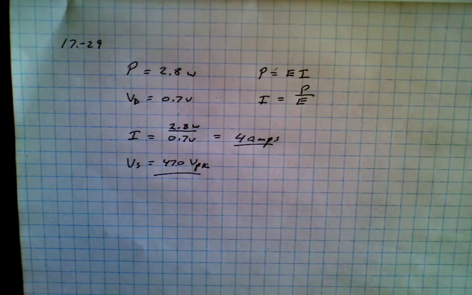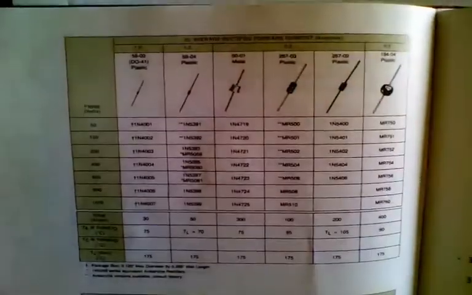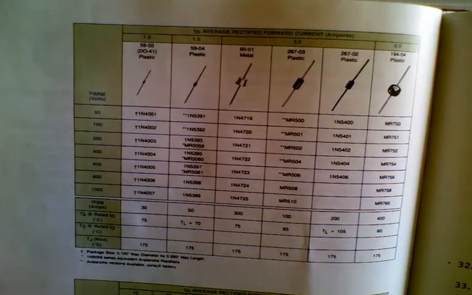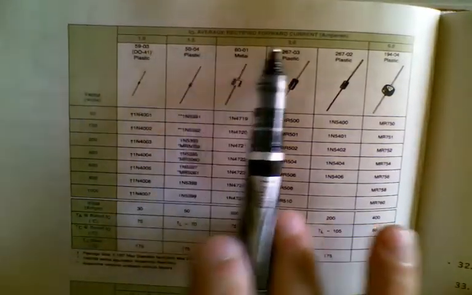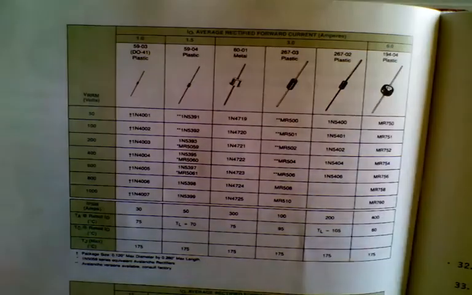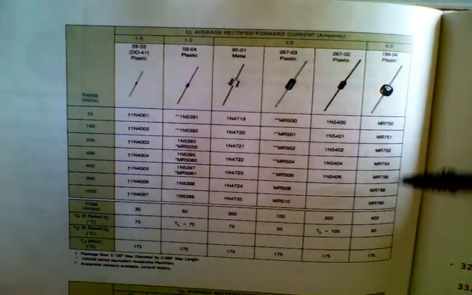So again, we look at our tables. And we notice that of this upper table, only this one over here, column on the right, will handle at least 4 amps.